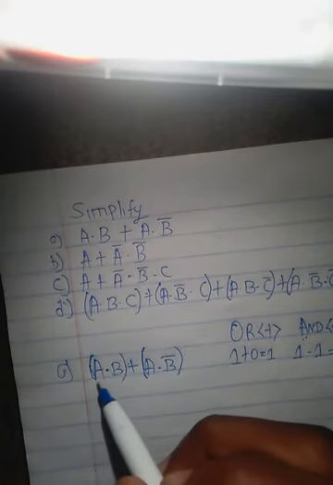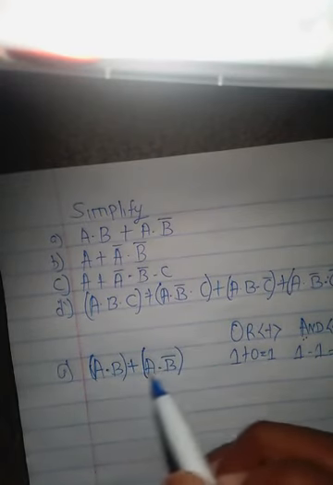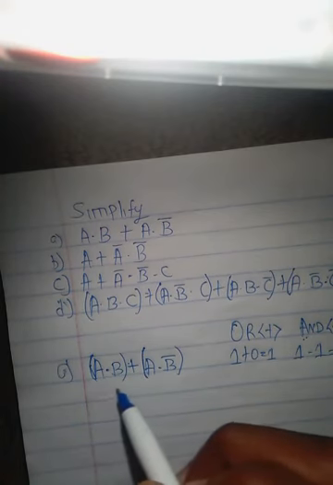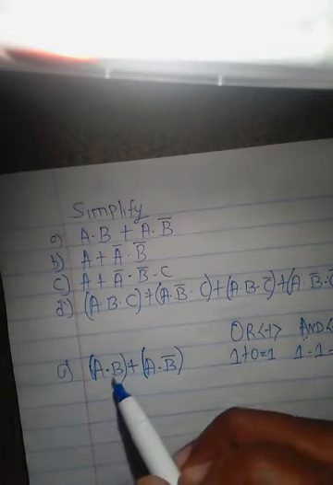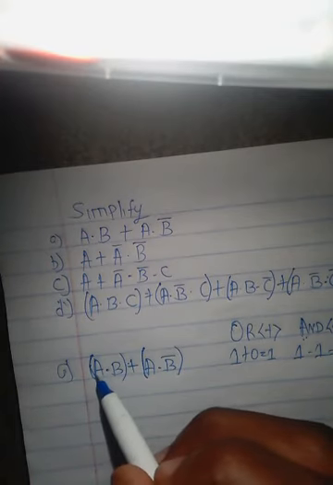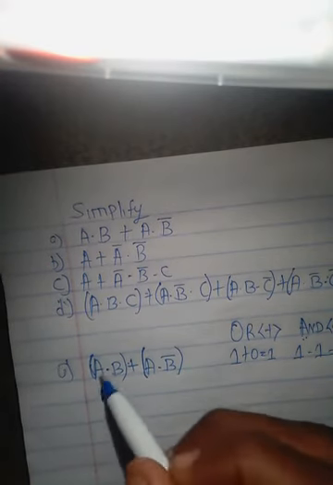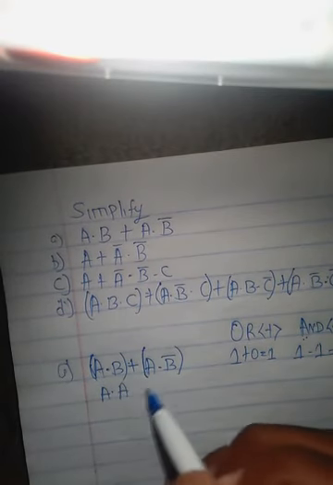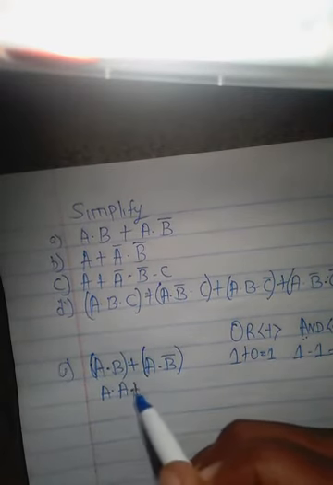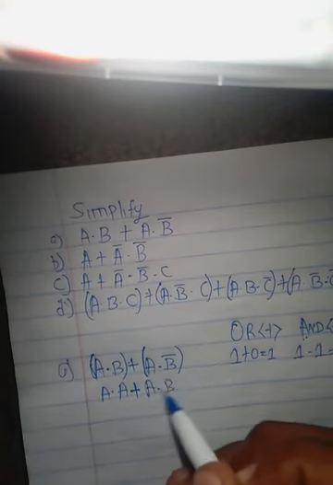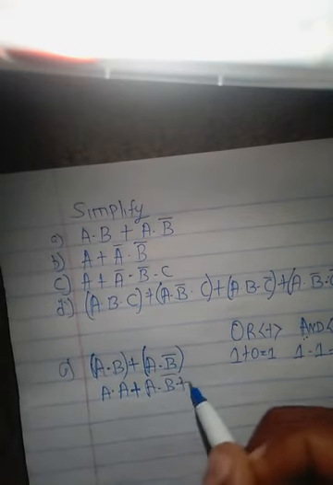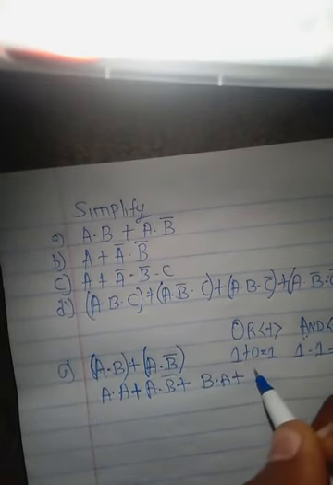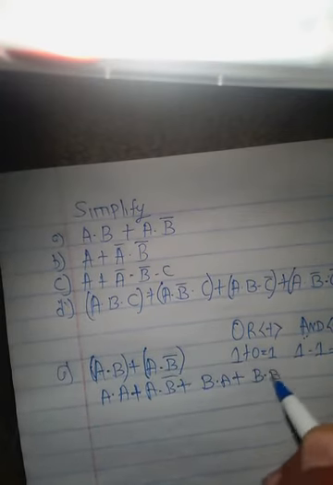So let's get started. As you can see, we can just open up this bracket using the distributive law. So we are just going to apply that. You can open this up with A dot A, plus A dot B bar, plus B dot A, plus B dot B bar.